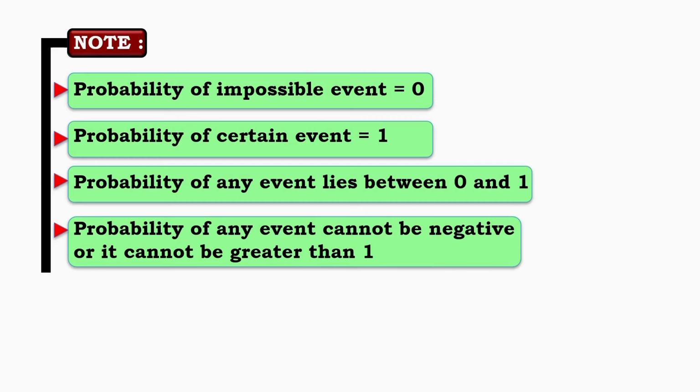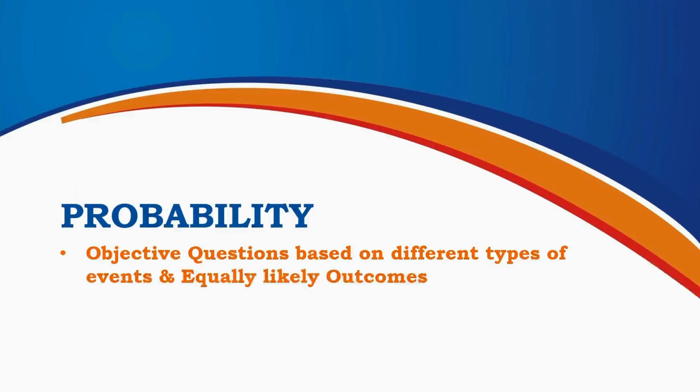So the minimum value can be 0 and the maximum value can be 1. There is no chance of getting a negative value or a value more than 1. Now we will solve some objective questions based on different types of events and equally likely outcomes.